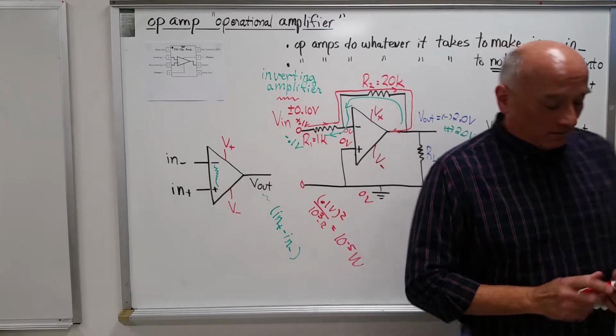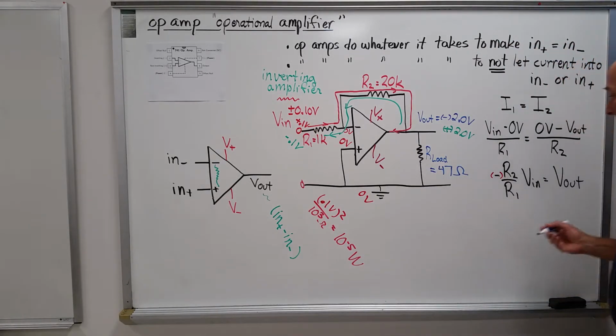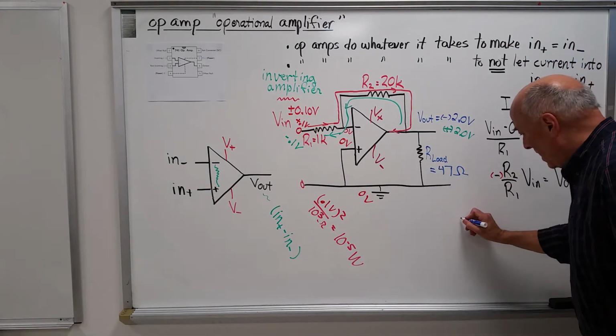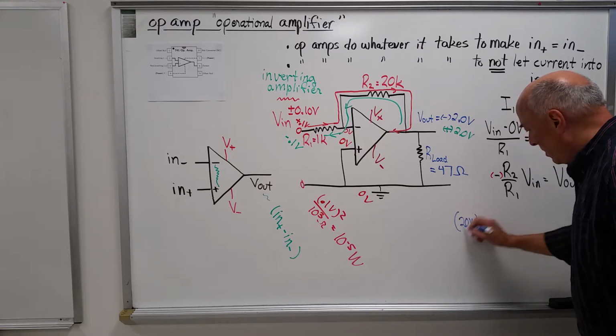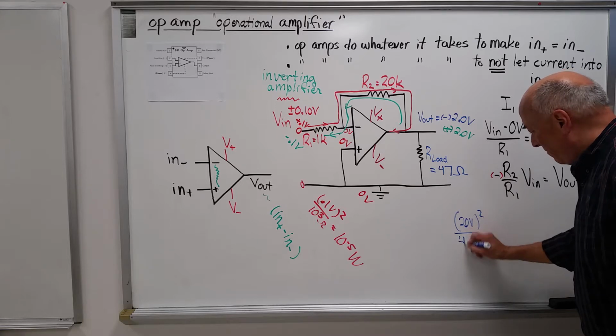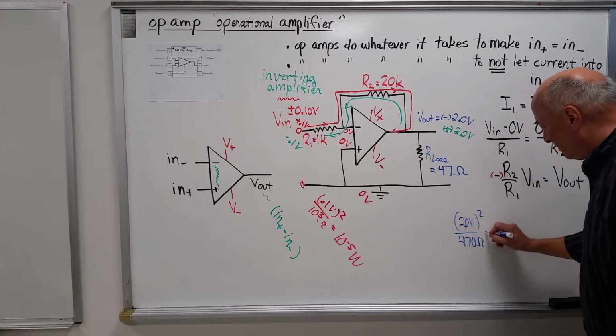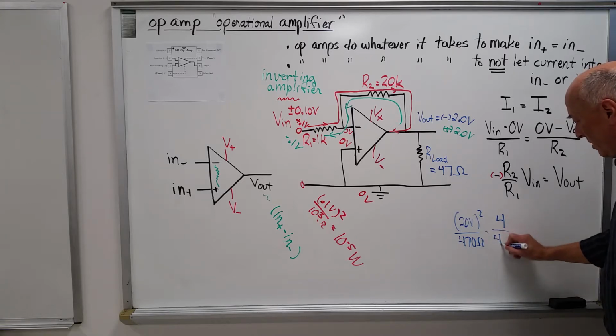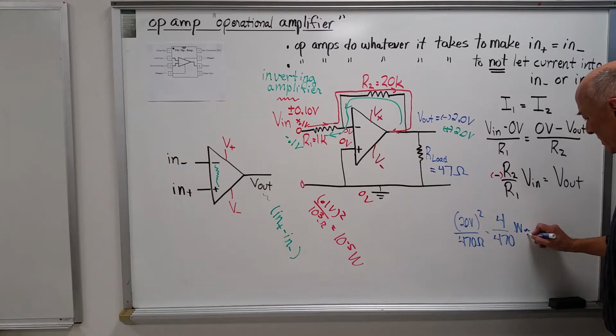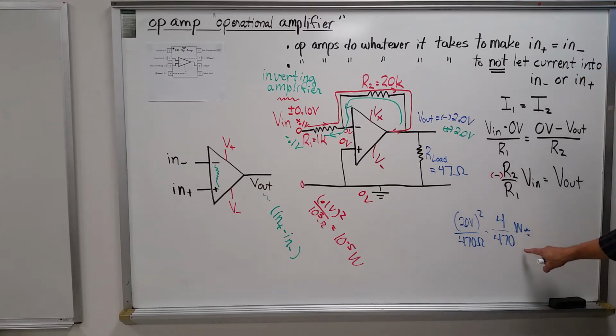If I do the same kind of power calculation on the output, then I am going to have a maximum of 2.0 volts quantity squared divided by 470 ohms. So that's going to be 4 divided by 470, which is in the general vicinity of a milliwatt. It's less than a milliwatt. I'm sorry, it's less than 10 milliwatts.